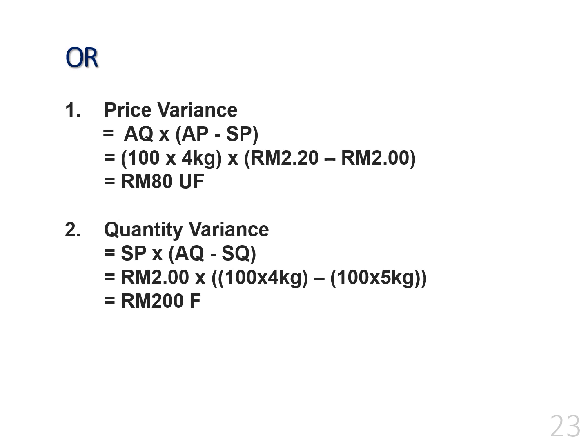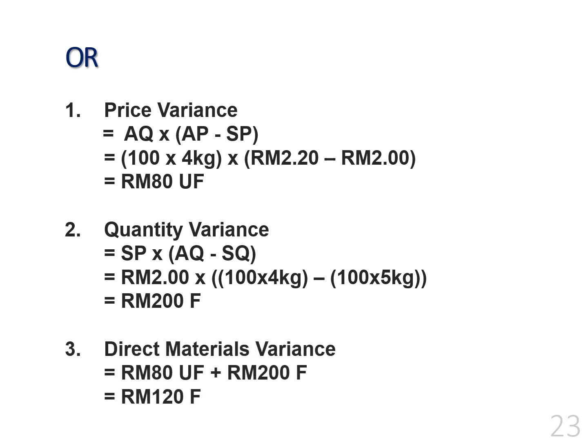Quantity variance equals SP times AQ minus SQ, equals RM200 favorable. And direct material variance equals RM80 unfavorable plus RM200 favorable, equals 120 favorable.